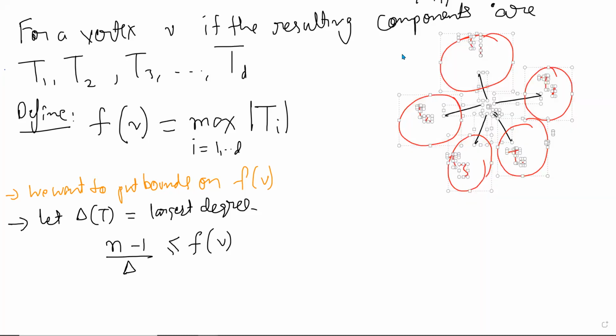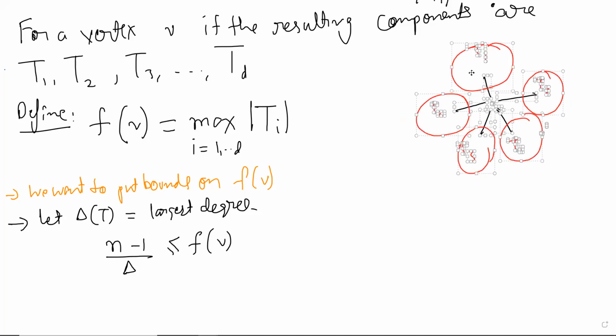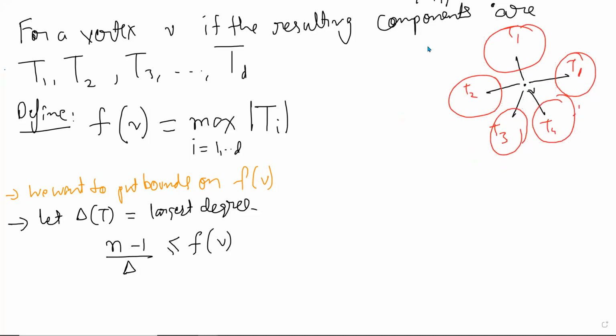I did not get why we are bringing the inequality here and what we're trying to achieve. We are trying to understand this function. We are trying to say that if you remove a vertex, then what can be said about the size of the biggest component?